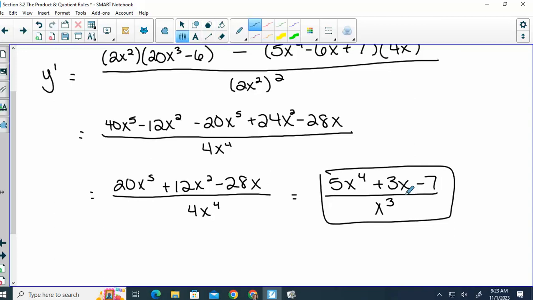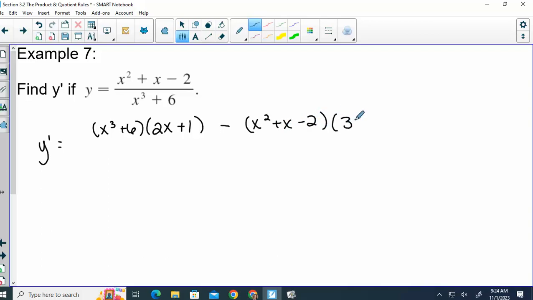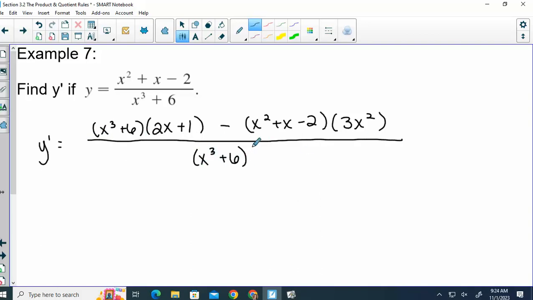Let's try a couple more. Could I do this one without the quotient rule? No, because it's more than one term on the bottom. This is my only option. So the derivative. Low, so the bottom. D high, derivative of the top. Minus high. D low. Over low squared.